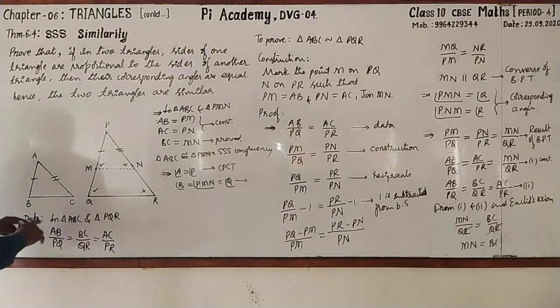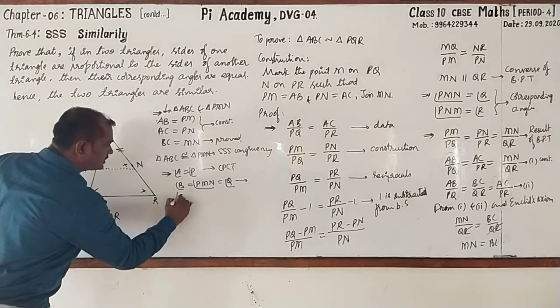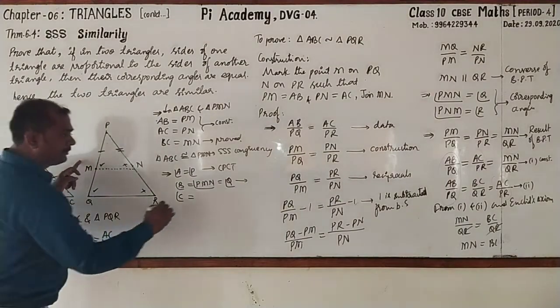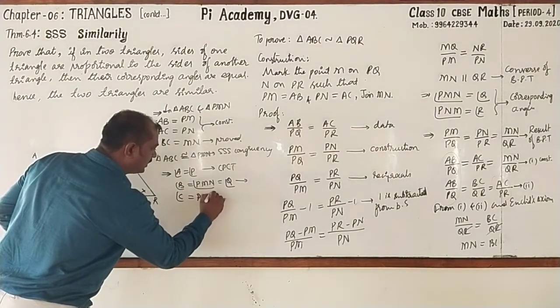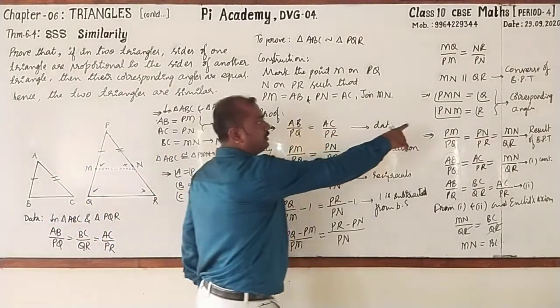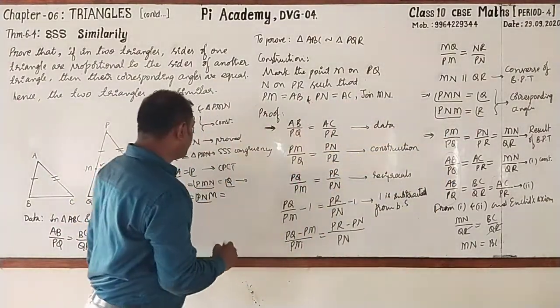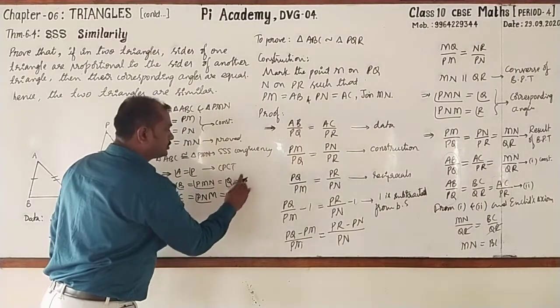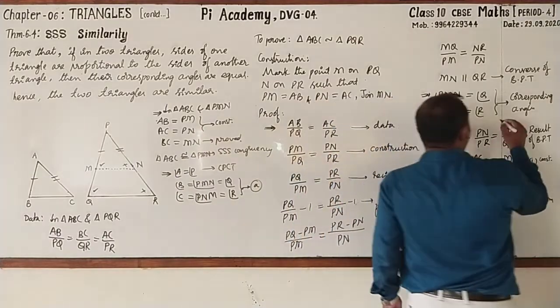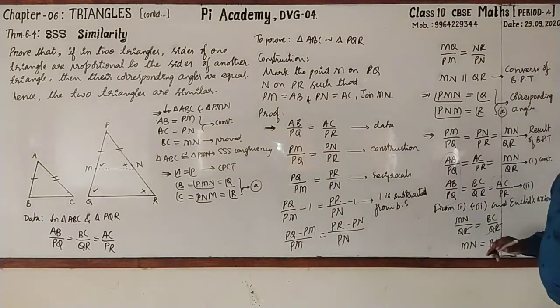Next, angle C is equal to angle PNM, and what is angle PNM? This is angle R. So these two are written from statement A. I call it as A.